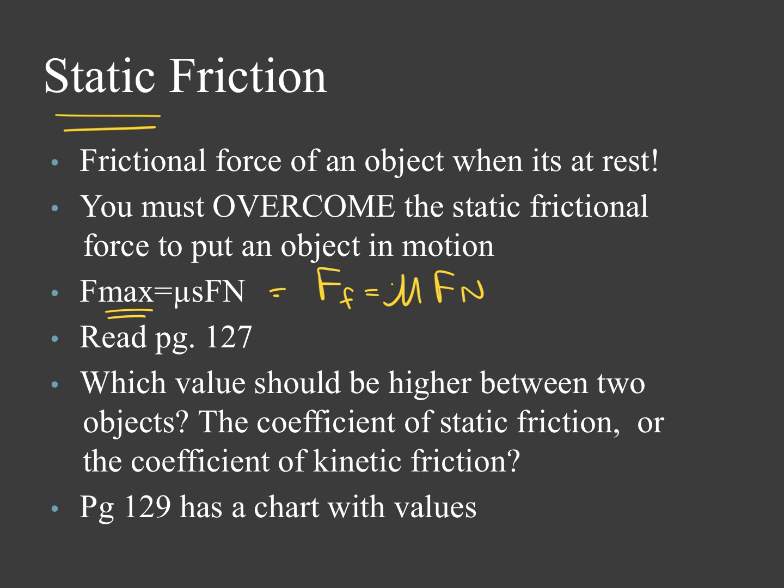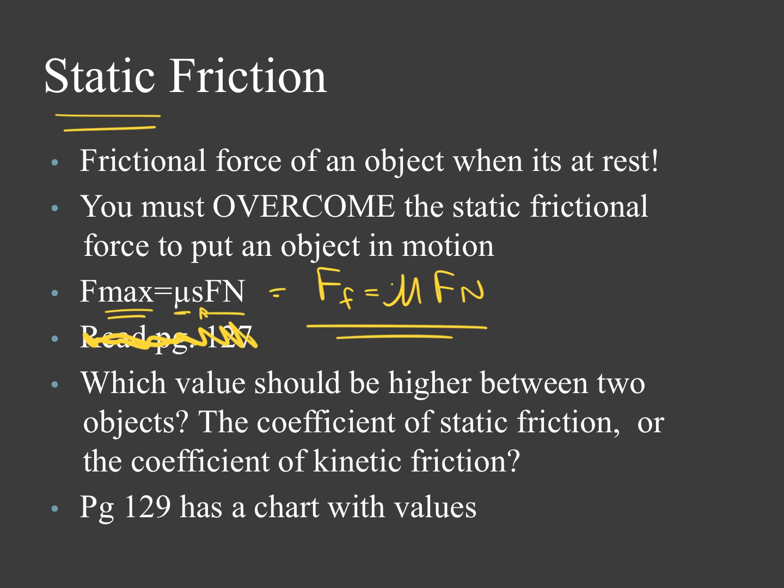We don't ever really write it out like that, but the maximum amount of static friction you have is when it's at rest, and it has the coefficient of static friction times the normal force. My subscripts didn't come in very cleanly when this was imported, so we don't have to worry about that. I don't usually give a distinction between the equations for static friction versus kinetic friction. You need to know which coefficient you're working with, but other than that, you don't have to change it.